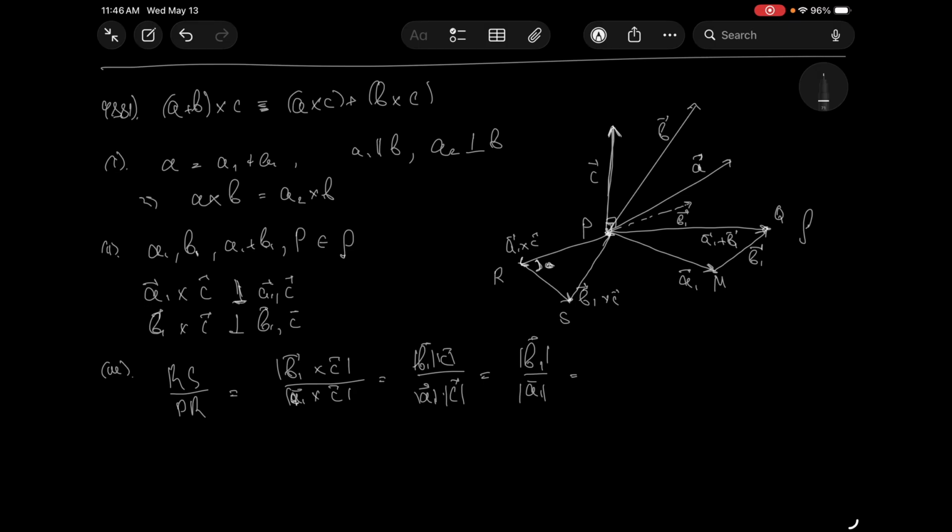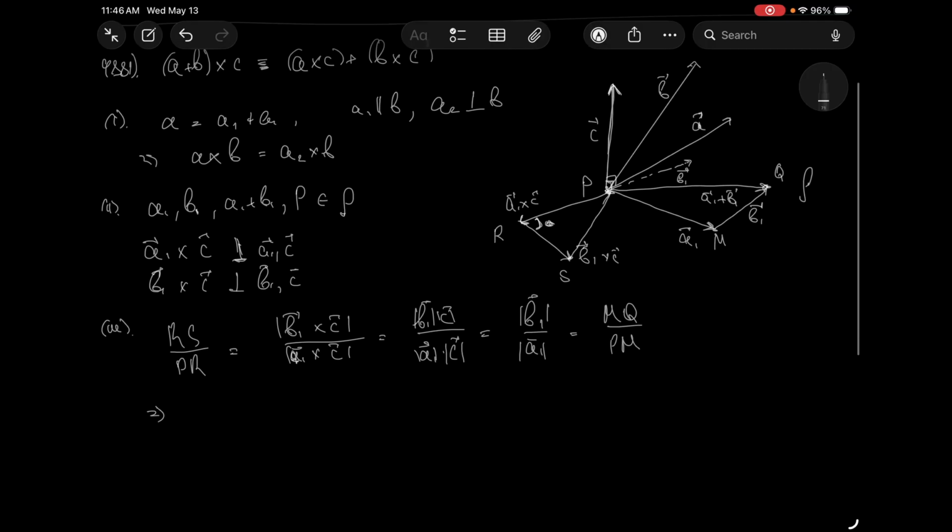And then that's going to be equal to, let's see, M1A1. So this is MQ over A1, which is PM. Nice.